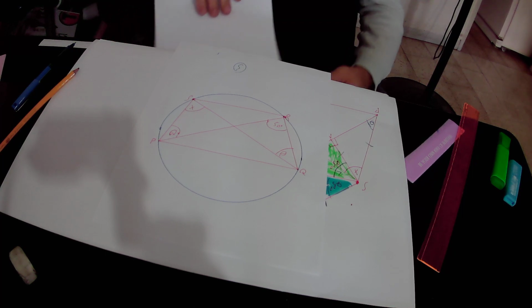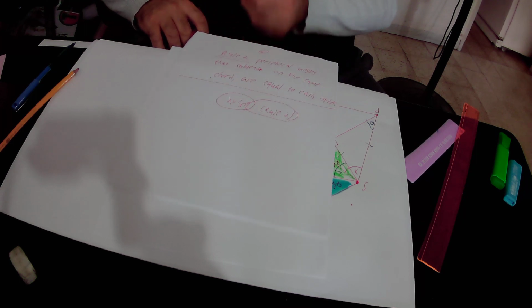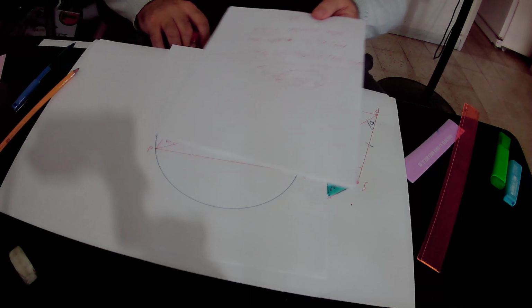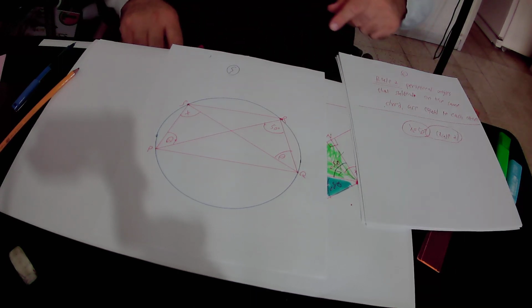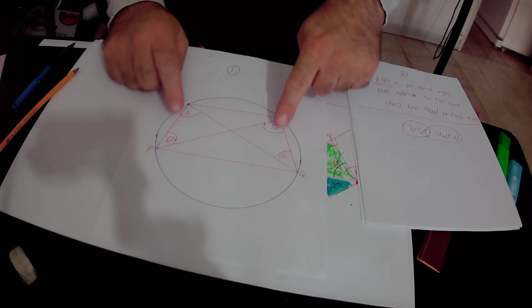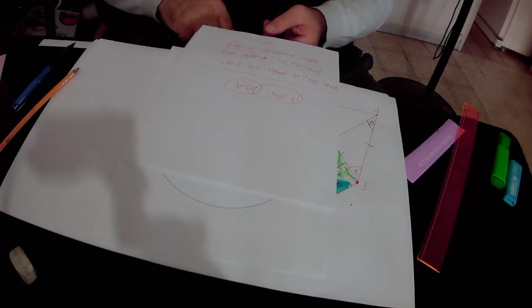Again, according to rule number 2, peripheral angles that subtend on the same chord are equal to each other. And in our drawing we have two peripheral angles that subtend on the same chord PQ, therefore they are equal to each other. That is to say, X equals 50 degrees.